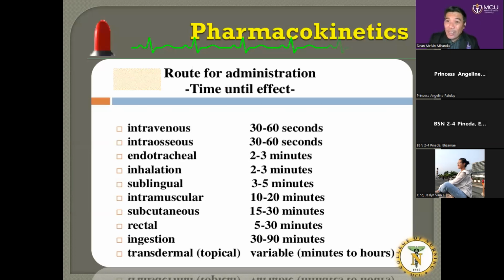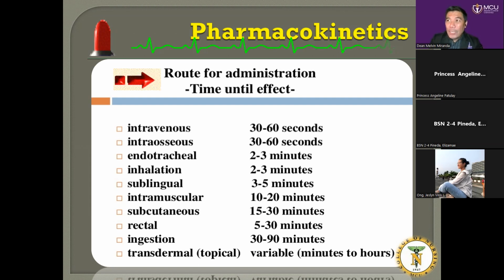So how about intraosseous? Intraosseous, when drug is being administered directly to the bone. O sir, what's the concern with the bone? Kasi the bone definitely responsible for the production of red blood cells. So it will facilitate in the circulation. So mabilis rin mag-reach sa plasma. So 30 to 60 seconds.